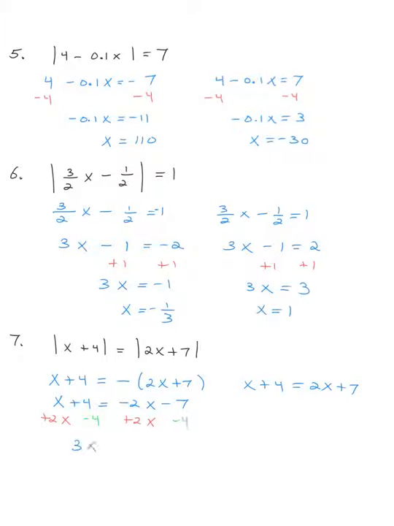So I get 3x is equal to negative 11. If I divide both sides by 3, I get x is equal to negative 11/3. And in my other equation, going back to x plus 4 is equal to the positive of 2x plus 7, I will subtract x from both sides and also subtract 7. So this gives me negative 3 is equal to x. Those are my two solutions.